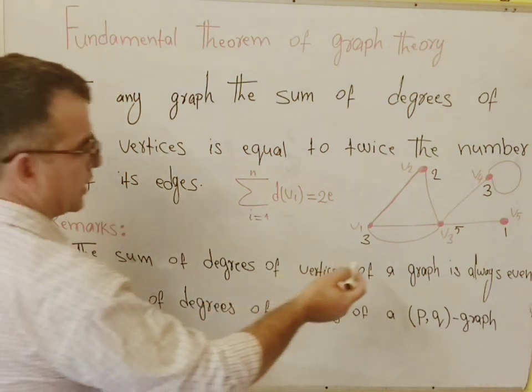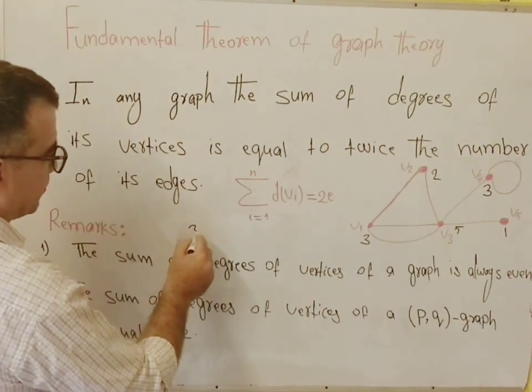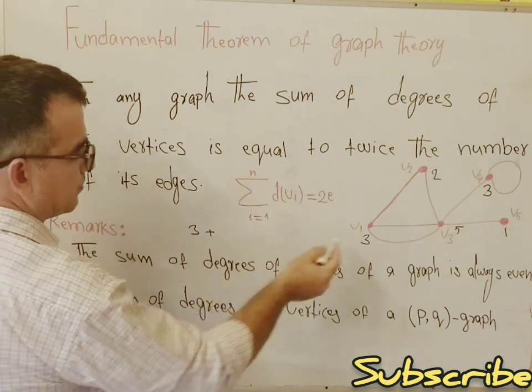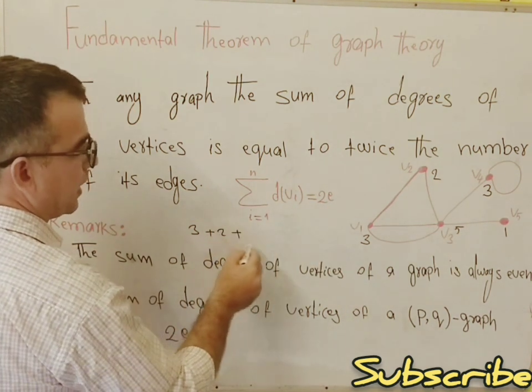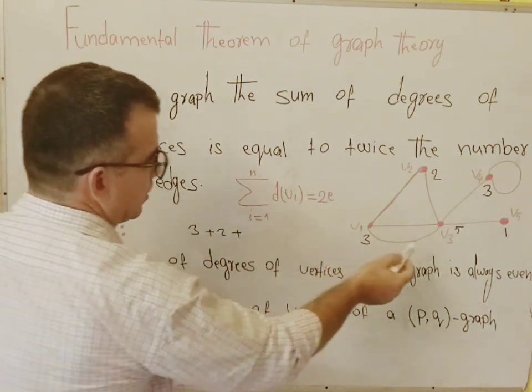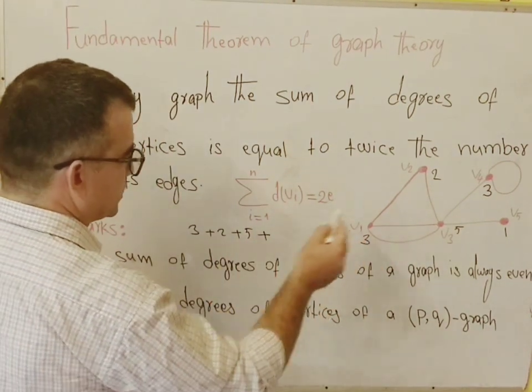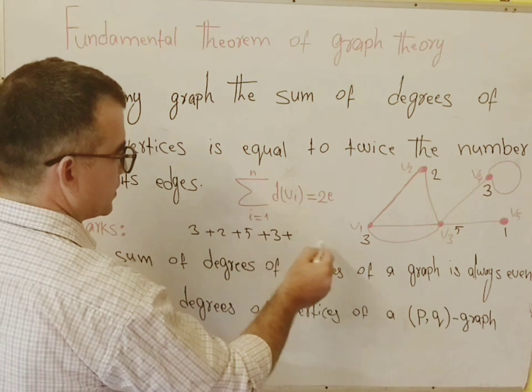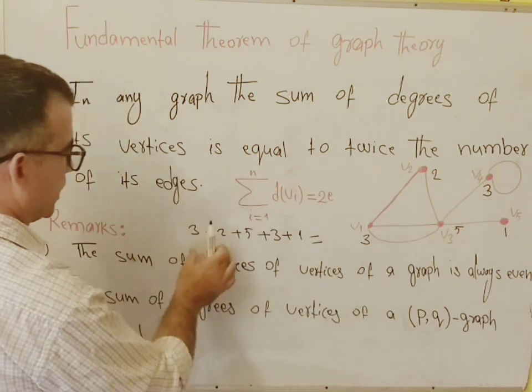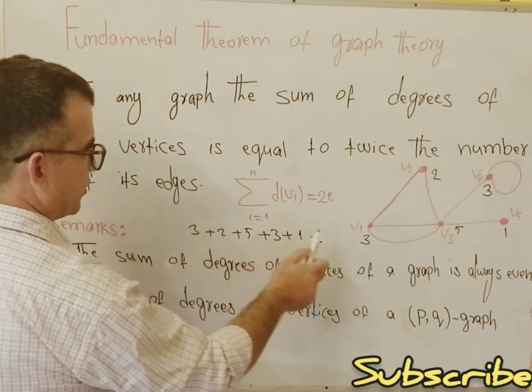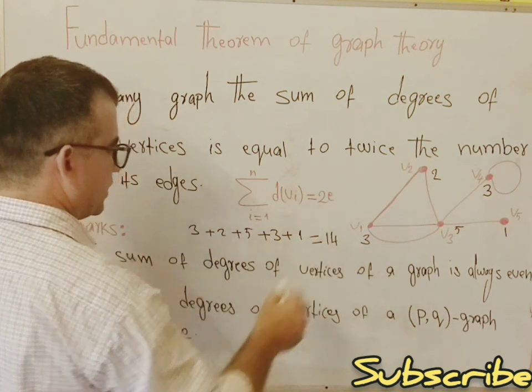So we can write 3 plus 2 plus 5 plus 3 plus 1, and it will be equal to 14. Okay.